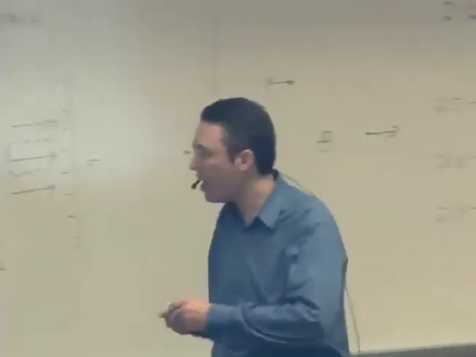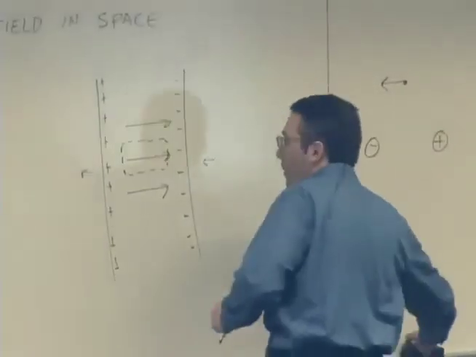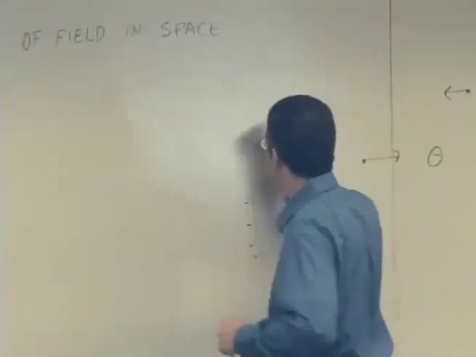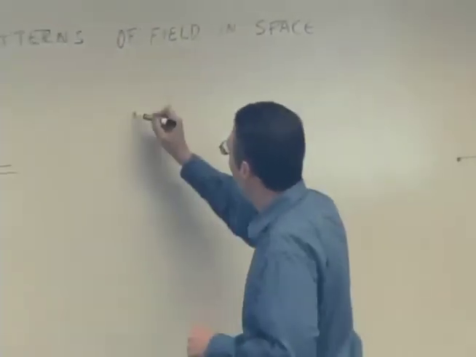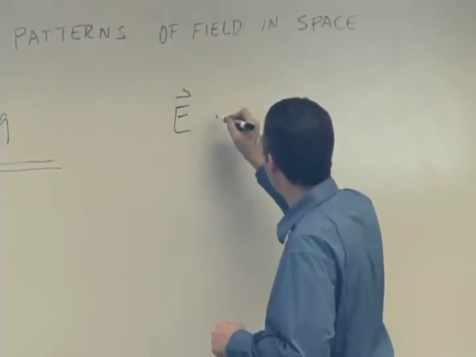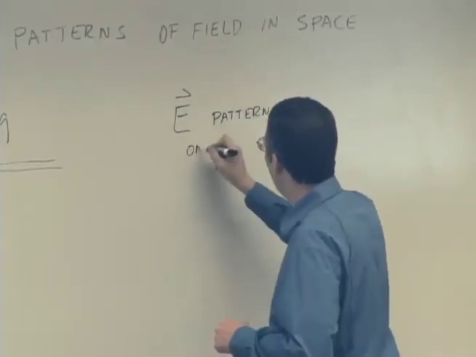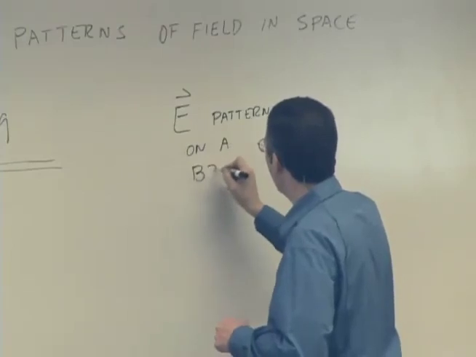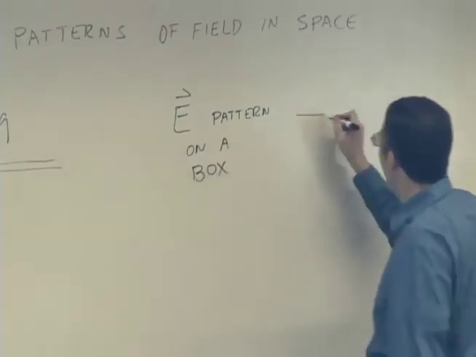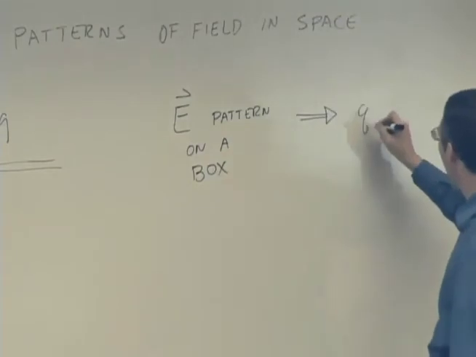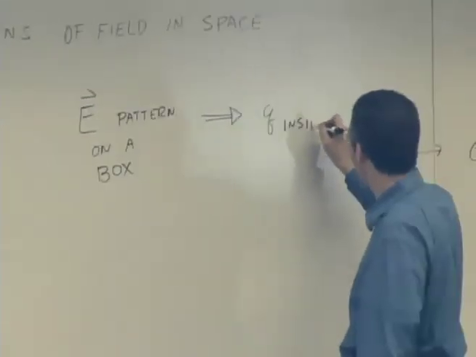Okay, so somehow the electric field pattern on a box, or just any closed surface we'll see, somehow tells us something about the charge inside.